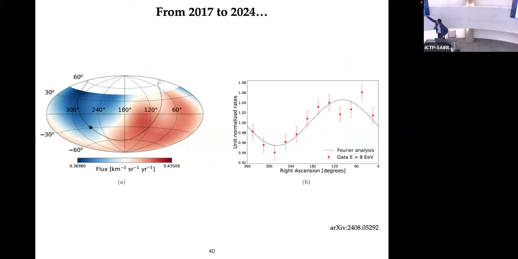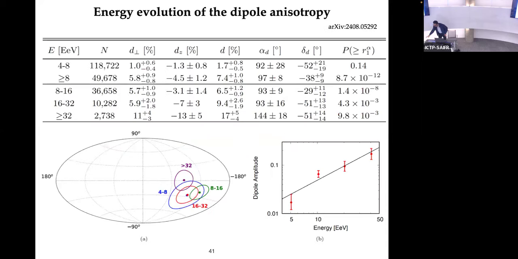So this is just an update. This is the situation in 2024. And we now have more statistics, so we can even break that energy bin above 8 EeV into 3 energy bins, and we can clearly see the evolution of the dipole amplitude.